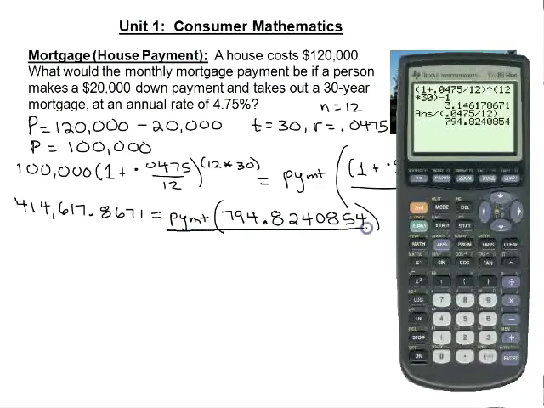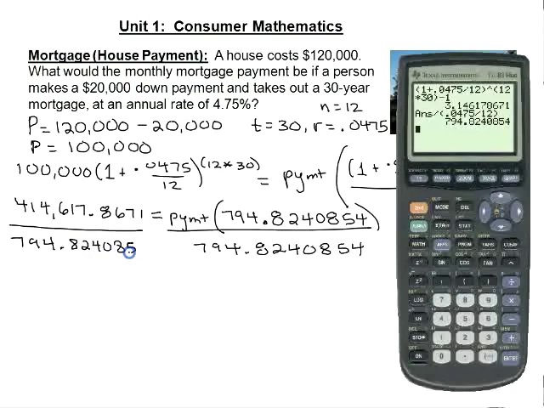So we've got to divide both sides by this number that's times payment. On the right-hand side, these numbers will cancel.